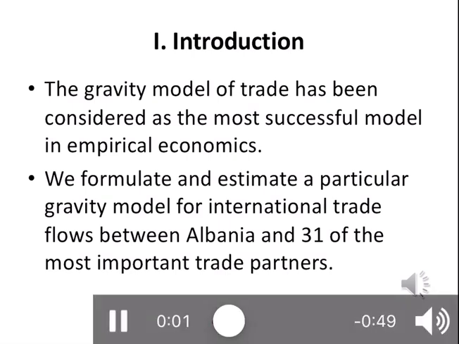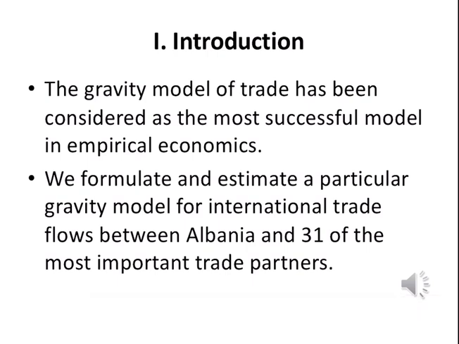The gravity model of trade has been considered the most successful model in empirical economics. Tinbergen, in 1962, stated that the volume of trade between two areas or countries is proportional to the product of their gross domestic products, as well as to a distance variable related to factors that can create trade resistance.